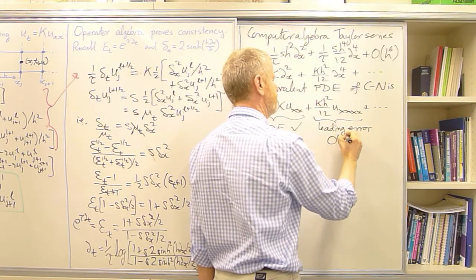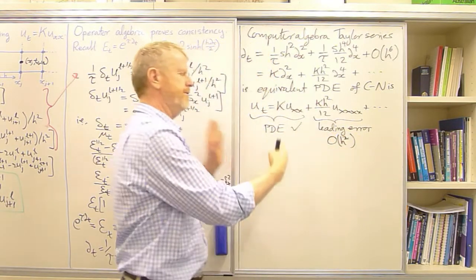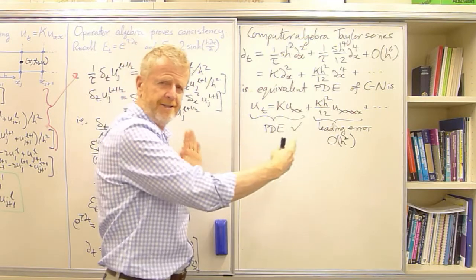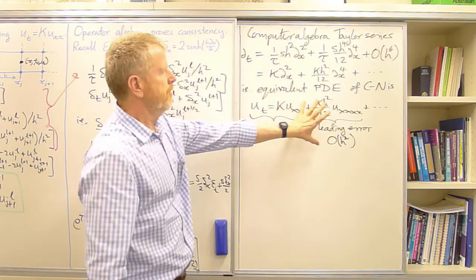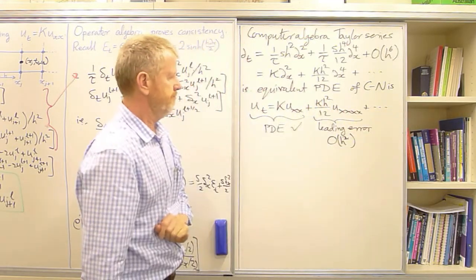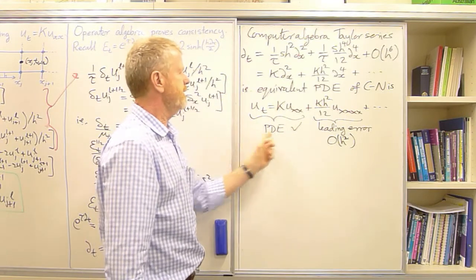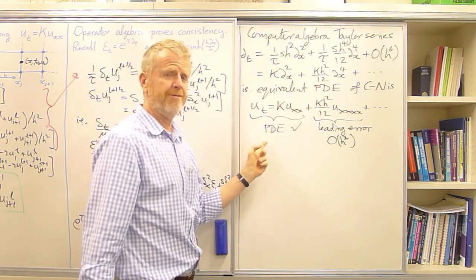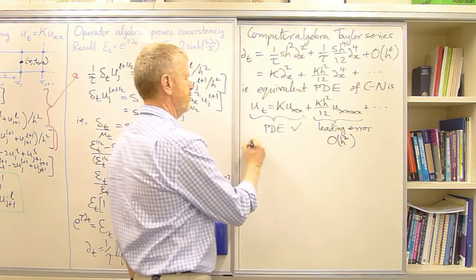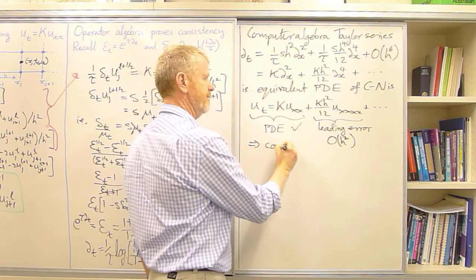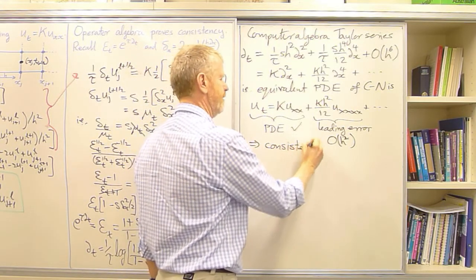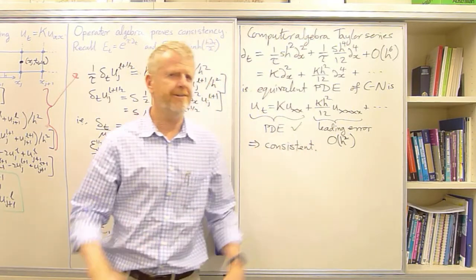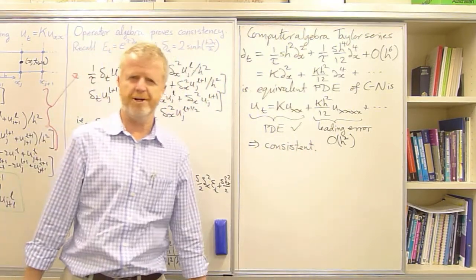It's of order h squared. So as the size of the discretisation h goes to 0, these errors will go to 0, leaving the equivalent PDE being just the original PDE that we wanted to solve. And that implies that the scheme is consistent, which is one part of the necessary requirement we need.